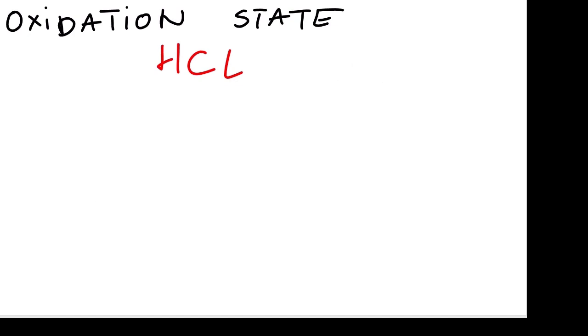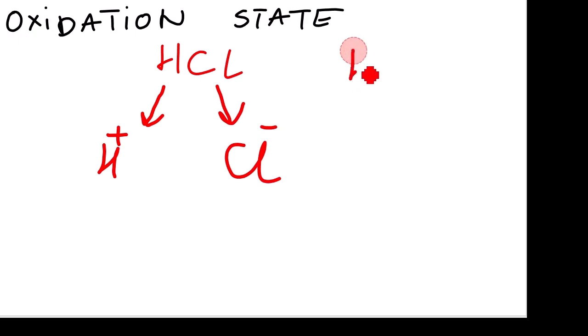Hydrochloric acid. In hydrochloric acid, after dissolution in water, there is also dissociation. There is a creation of hydrogen cations and chloride anions. The same situation. Between hydrogen and chlorine there is no ionic bond, but a polar covalent bond.